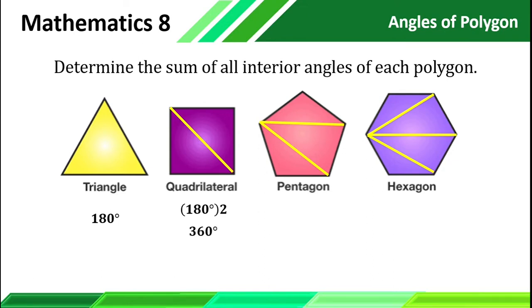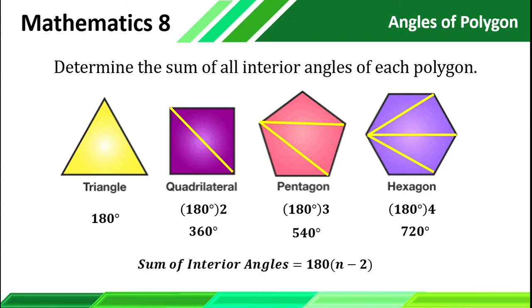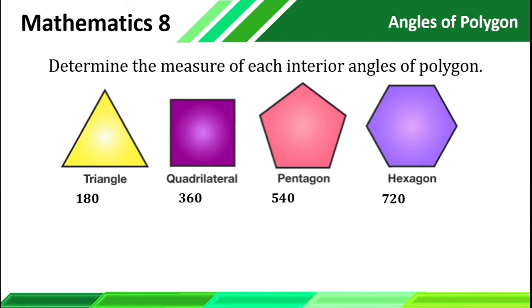The same with a pentagon, 180 times 3 is equal to 540. And for a hexagon, 180 times 4 is equal to 720 degrees. From this, we can create a pattern: to find the sum of the interior angles, we use the formula 180 times n minus 2.